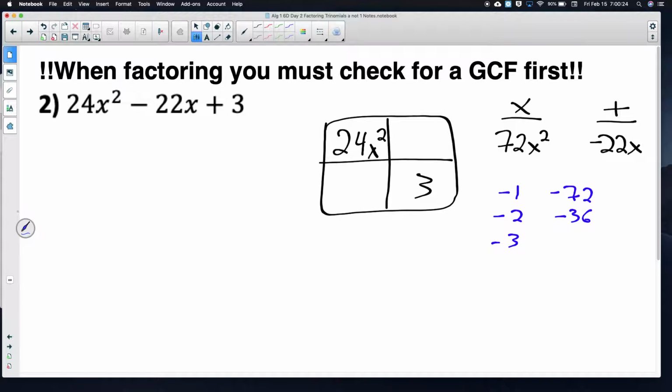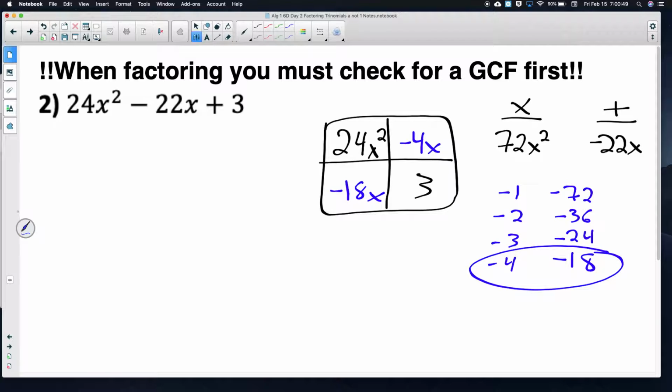Negative 3, let's see if 3 goes into it. And I got negative 24. Negative 4, might as well try it. I get negative 18, and then I can stop there because I see negative 4 plus negative 18 gives me negative 22x. So I'm going to fill in the remaining boxes in any order you want.